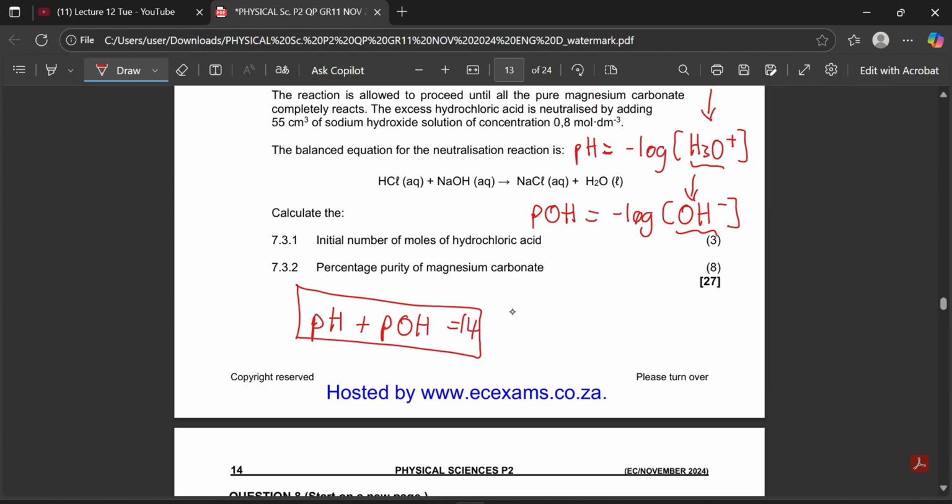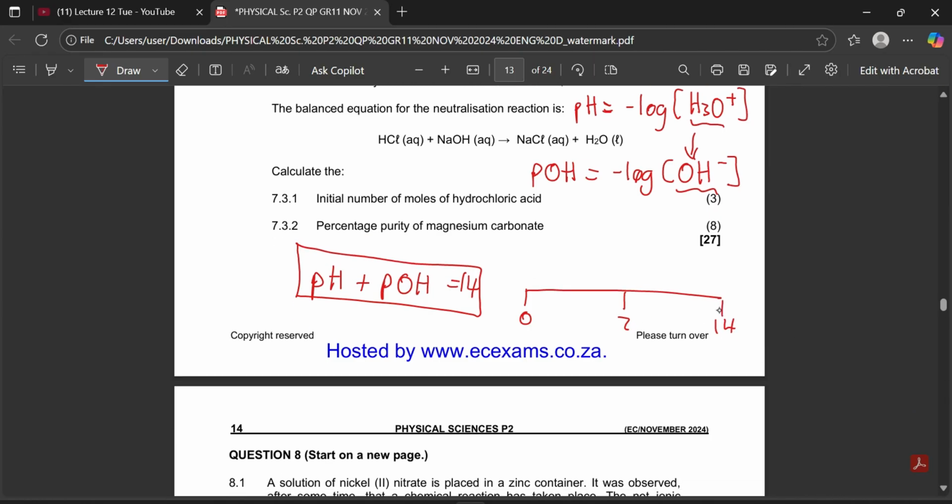Now this is because the pH scale ranges from 0 to 14. If the sum of the pH and the pOH were greater than 14, I would just break the pH scale. I know that pH uses the hydronium ion, meaning it is for the acidic part, from 0 to 7.